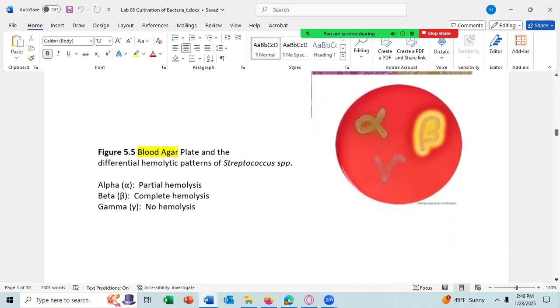Blood agar is a media which is an enriched general purpose media because it can grow a fastidious organism like Streptococcus pyogenes, which requires the additives that you can find in the blood before Streptococcus pyogenes will grow.